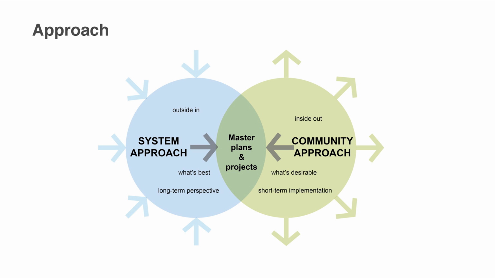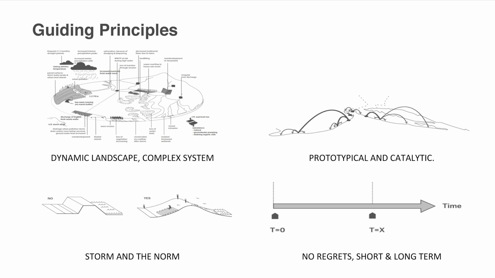At the same time, work with local communities on implementable projects. Four guiding principles: work with these natural systems, make replicable interventions, design for the storm and norm, meaning multifunctional interventions, and connecting a short-term strategy to a long-term perspective.